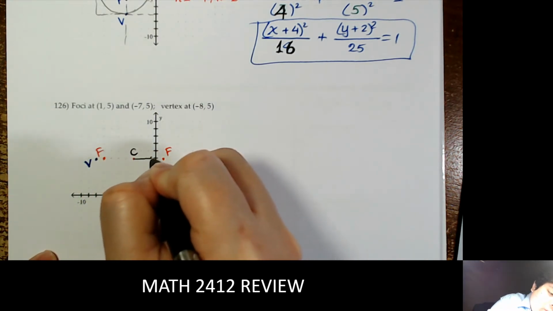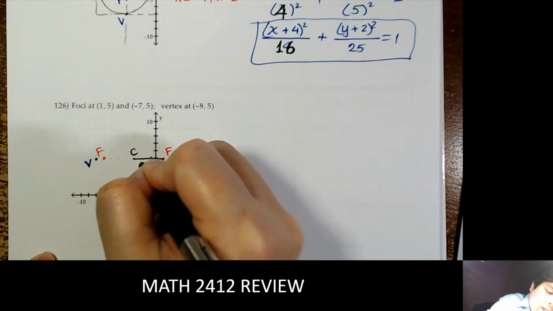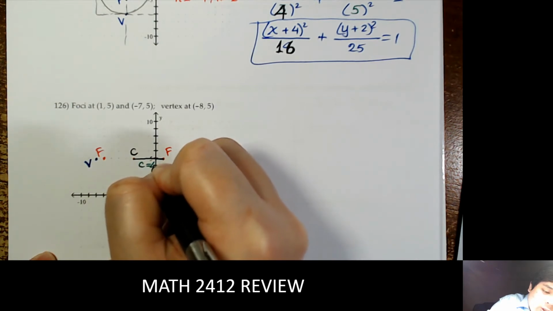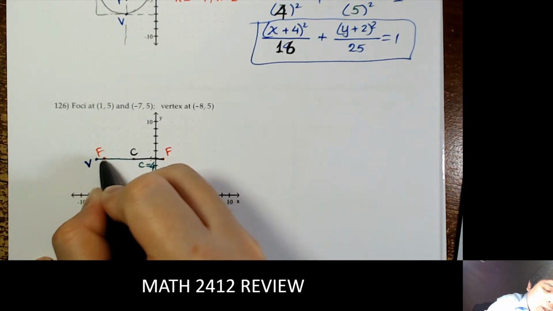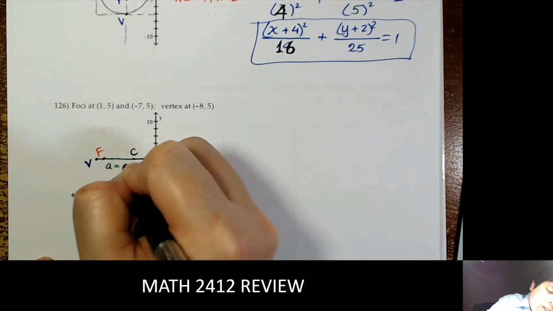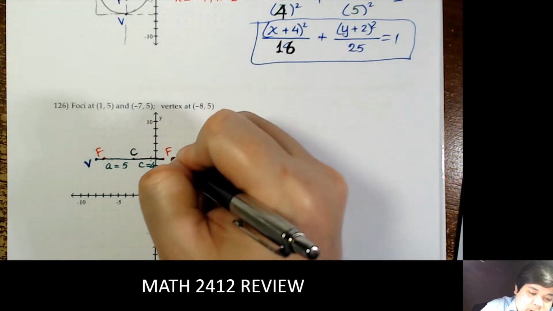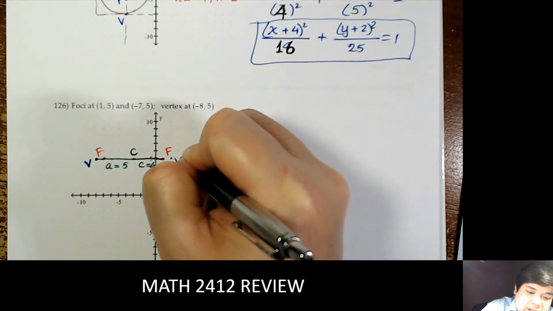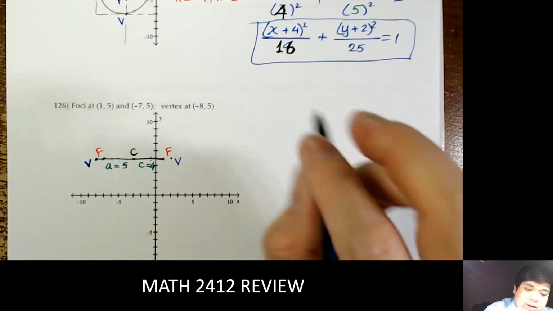The distance from the center to the focus is c, which is 4. And the distance from the vertex to the center, 1, 2, 3, 4, 5, is 5. So c is 4 and a is 5. We also have another vertex on that side.